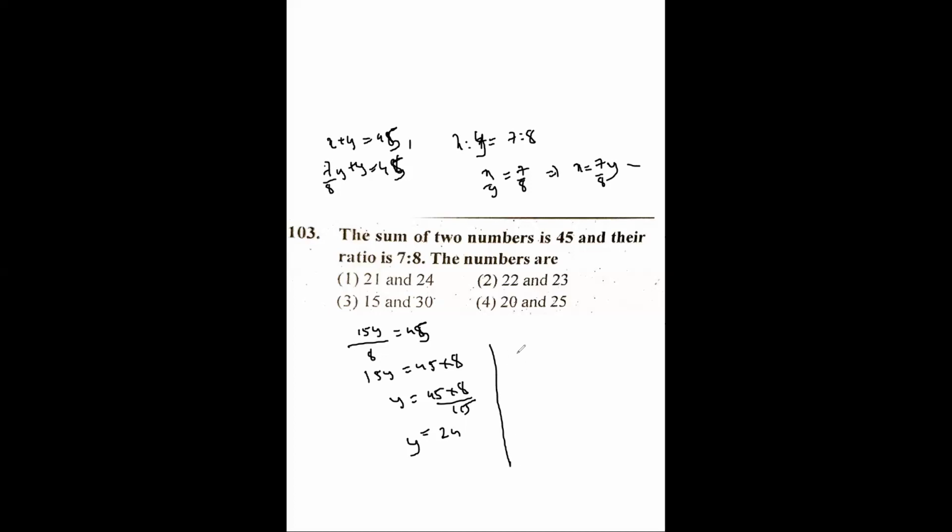From the first equation, x will be equal to 45 minus y. On subtracting 45 minus 24, x will be equal to 21. So option 1, x is equal to 21, y is equal to 24, gives us the two numbers.